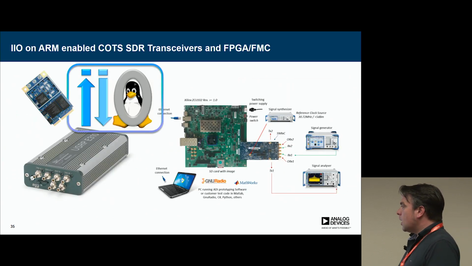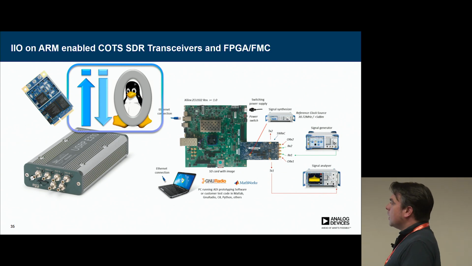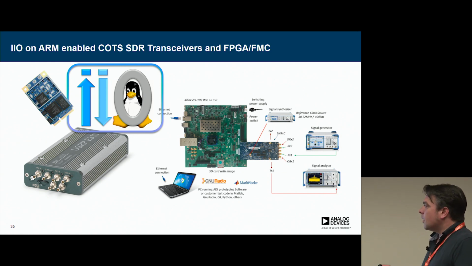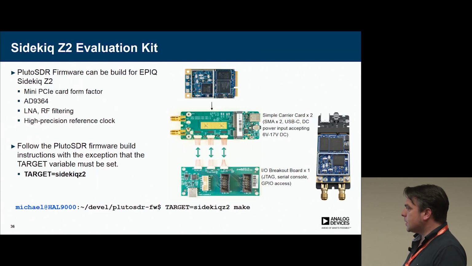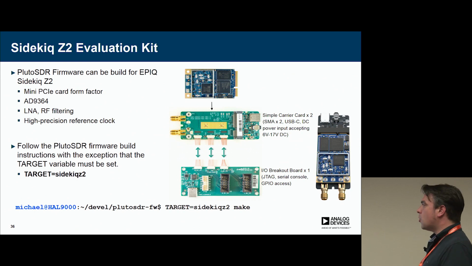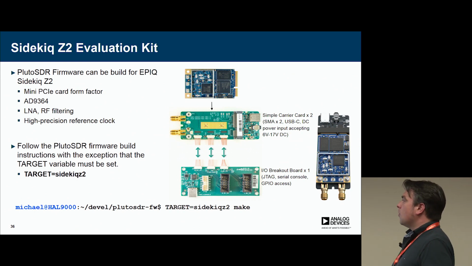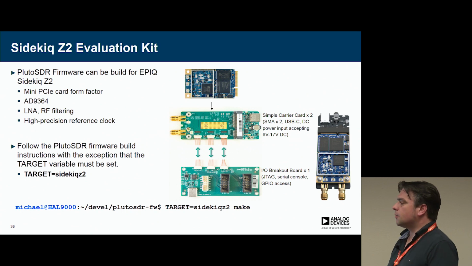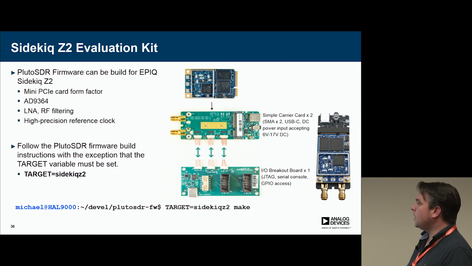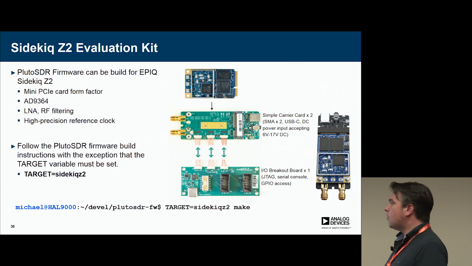As I said, there are other devices that can also run this Linux IIO system. For example, the Sidekick Gen 2 has support. For those who haven't seen it, the Sidekick Gen 2 is a pretty neat small radio in a mini PCIe form factor.